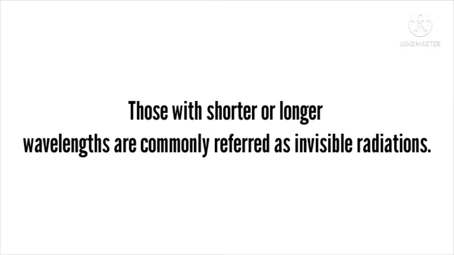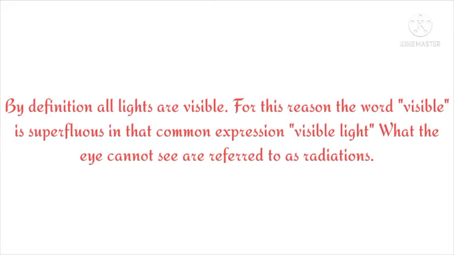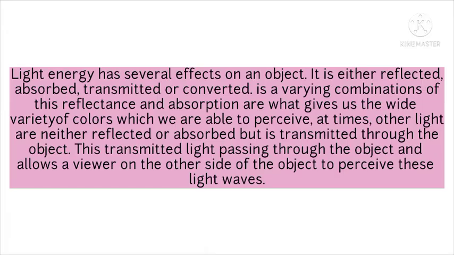Examples of this are the gamma rays, infrared rays, and radio waves, because it really needs a machine to see the lights. By definition, all lights are visible. For this reason, the word visible is superfluous in the common expression visible light. What the eye cannot see are referred to as radiations.